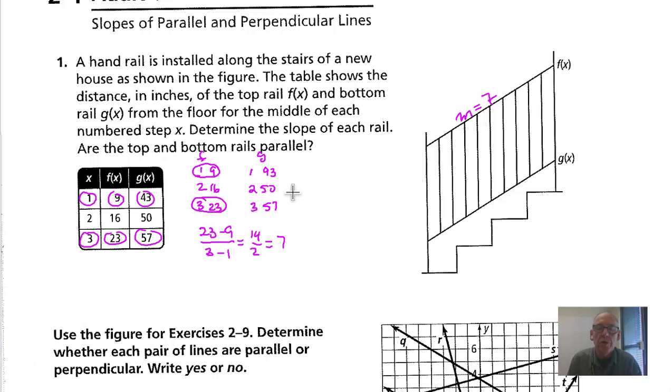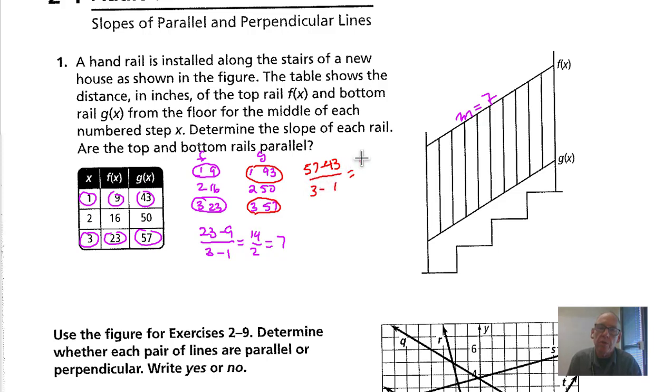Let me change colors. So I'm going to do the same thing here. I'm going to use 3, 57 and 1, 43. So I'm going to do 57 take away 43 for the change in y. And since I used 57 first, I have to use its matching x first in the bottom. 3 take away 1.